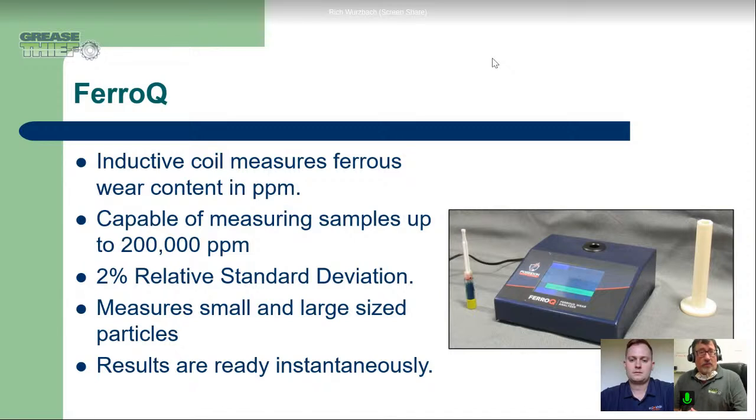When we take an oil sample, we shake the daylights out of it to get it evenly distributed and then take the sample, but you can't do that with grease. I've seen the effect of a bias reading from other devices that don't have that uniform measurement throughout the range of the sample that you're submitting. It was great to see that performance out of the FerroQ.